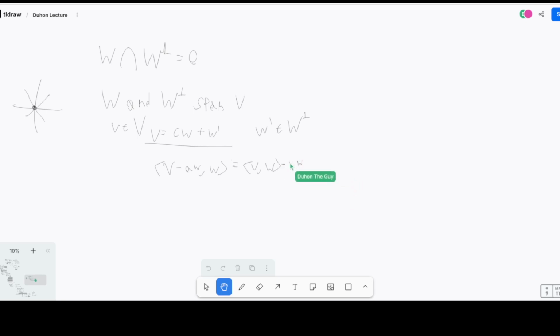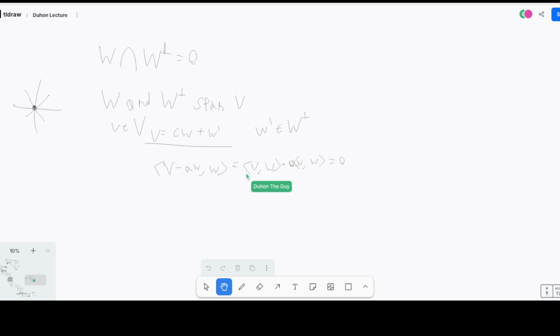Whatever. W, W is going to be equal to 0. So this guy is not going to be equal to 0. It's in fact different from 0. So we have to solve for A in this equation.